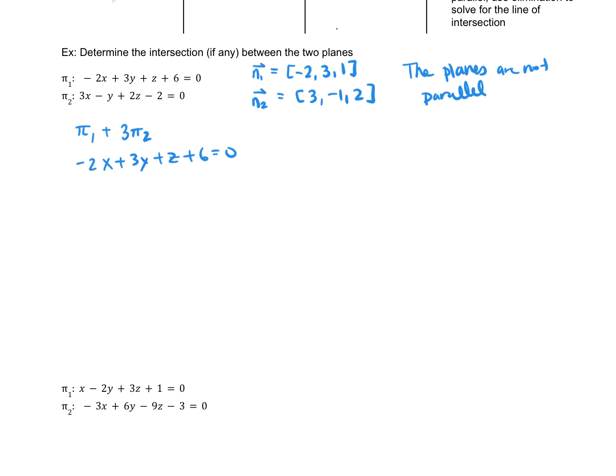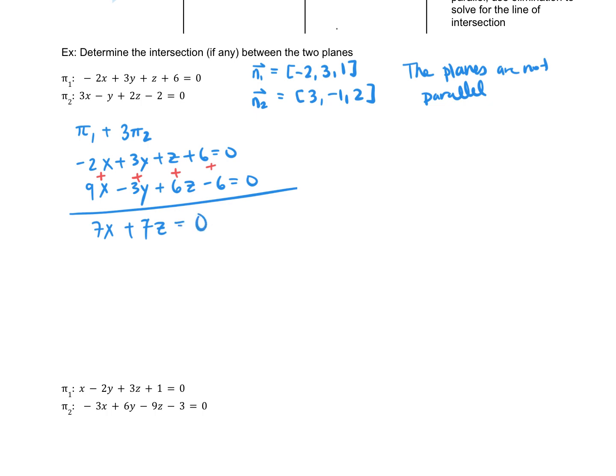And then tripling the second one, 9x minus 3y plus 6z minus 6 equals 0. And because the y coefficients are opposite signs, I'm adding my lines here. So that's 7x, the y's are gone, plus 7z plus 0 equals 0.